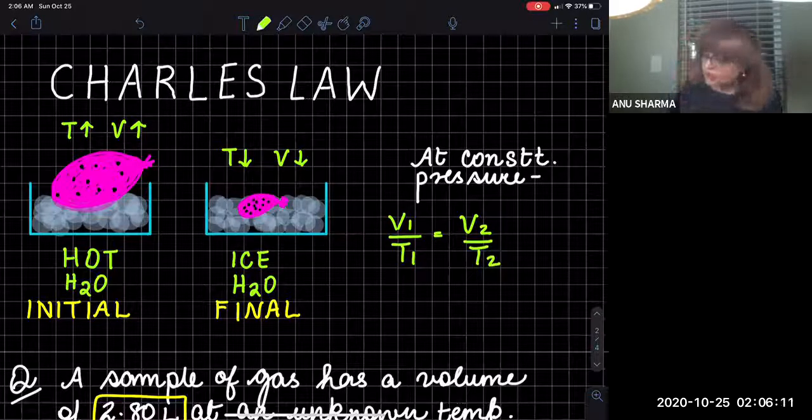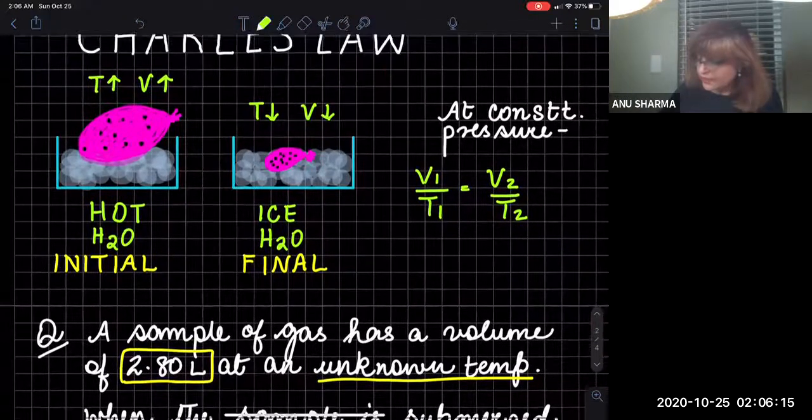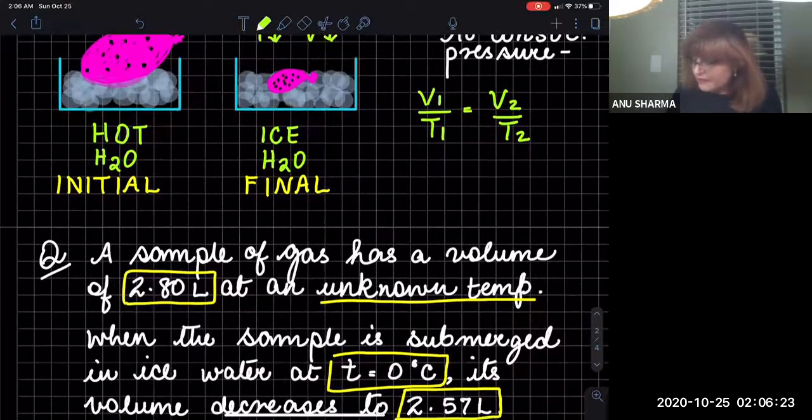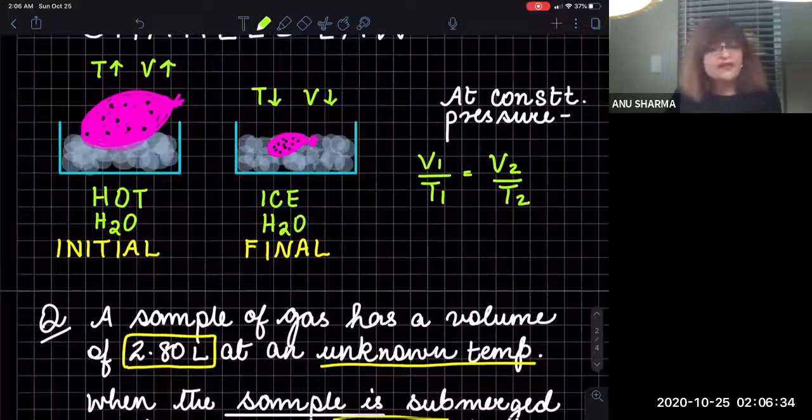So we have a condition here where a sample of a gas has a volume of 2.80 liters at an unknown temperature. So this is the initial condition, and now, when the sample is submerged in ice water at T equal to 0 degrees Celsius, its volume decreases to 2.57 liters. So this is the second condition.